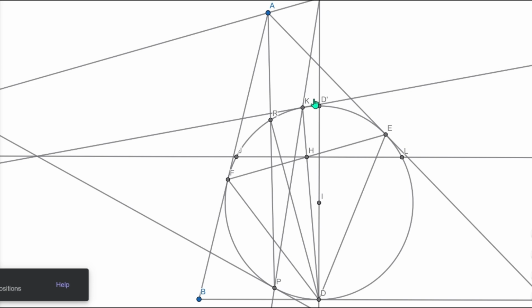P gets sent to this point D prime. You can note that PA is like a median in the triangle PEF. And therefore, if we consider this point D prime here, because we know RD is parallel to EF, that means this must pass through the midpoint. And of course, we end up getting DK passes through the midpoint as well.